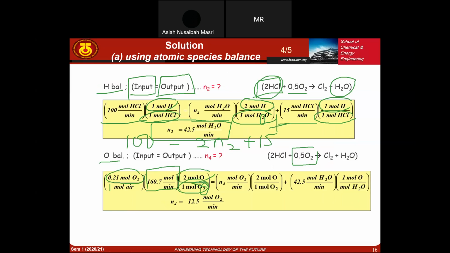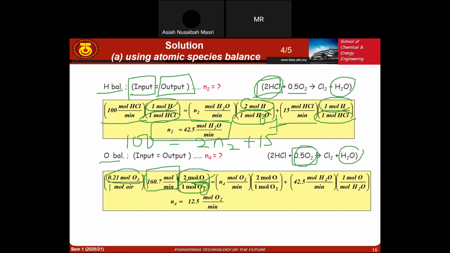That will represent the input. And how about the output? We will have output from water, and we will also get output from oxygen, because the question already mentioned that oxygen was put in 35% excess, if you remember.